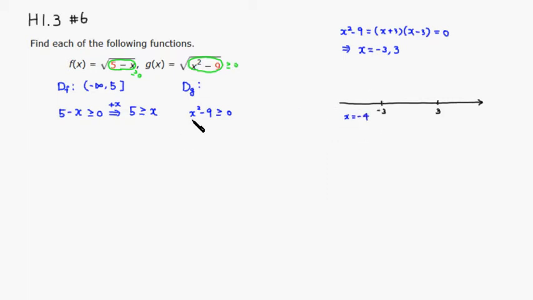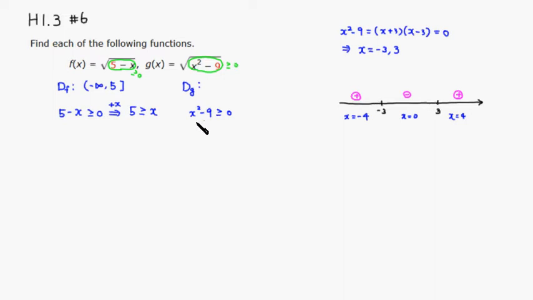If you apply negative 4, the square would be positive 16 minus 9, so that's positive here. If you try x equals 0, obviously 0 minus 9 is negative. And something bigger than 3, try 4. Again, 4 squared minus 9 is positive, so positive here.